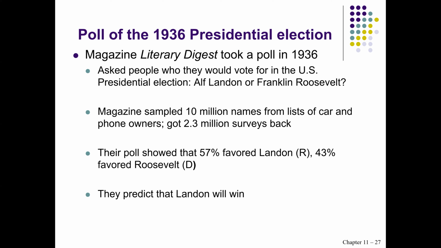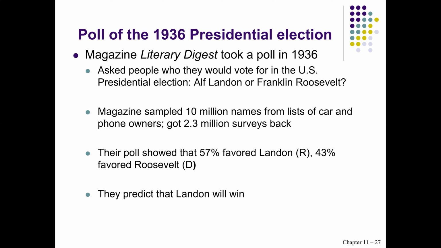And so the magazine got its list of who it was going to sample through the government by getting lists of all the people who had registered their cars or who had telephones. So they have lists of car and phone owners from all across the United States. And they took a sample of 10 million names from that list.